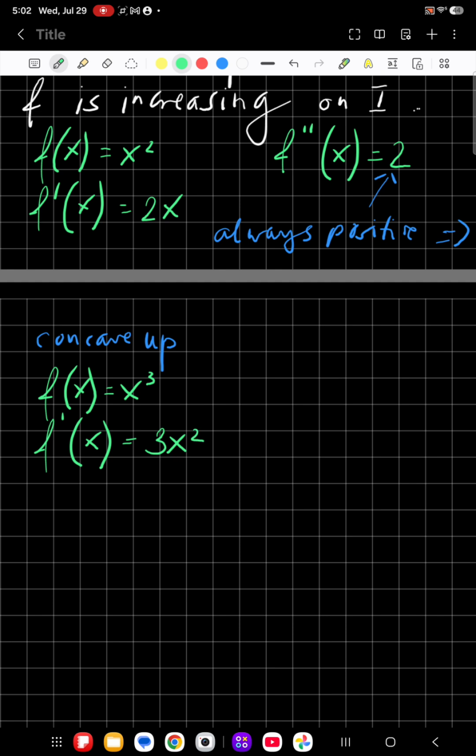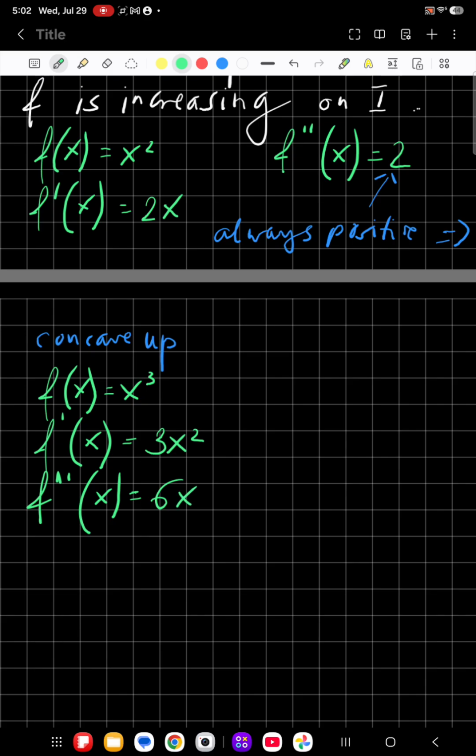This function is always increasing because if we plug in numbers for x, we always get a positive number except for 0. But we talked about it last time. Anyway, let's take the second derivative. f double prime of x is 6x.